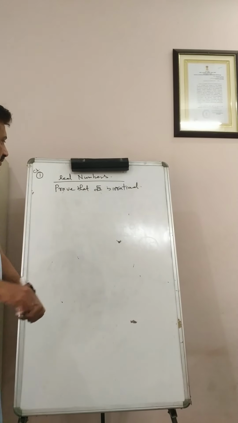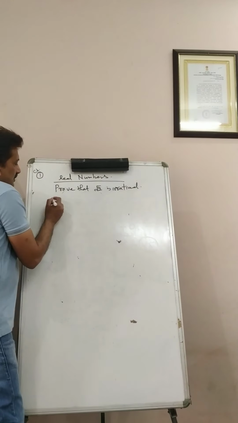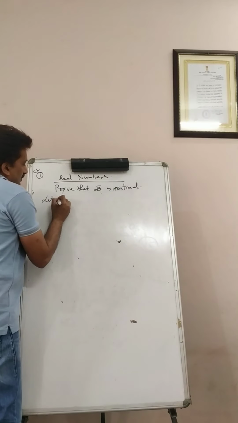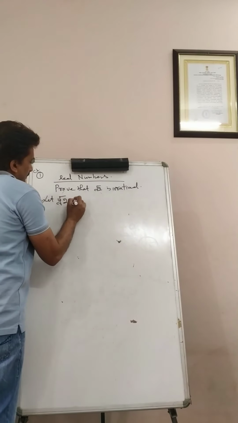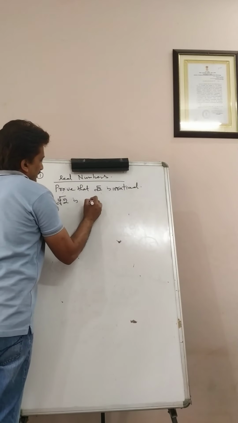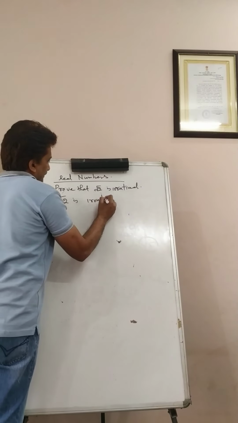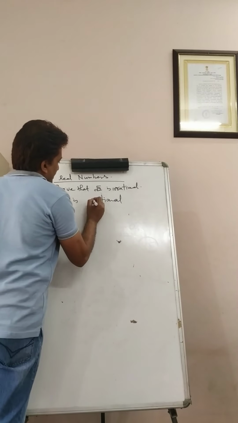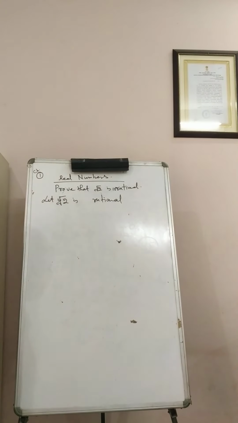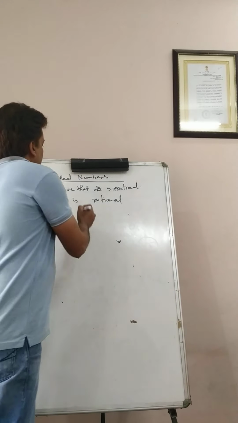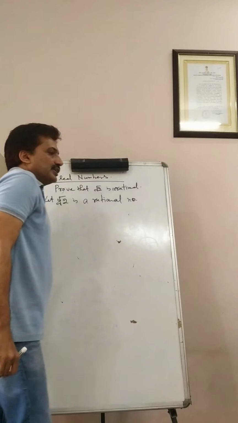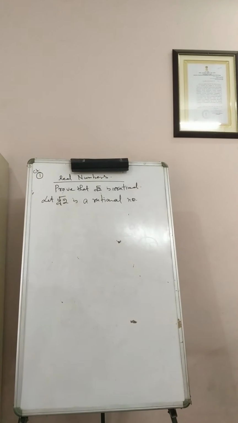So for this one, you have to suppose that root 2 is rational. You have to suppose that root 2 is a rational number.